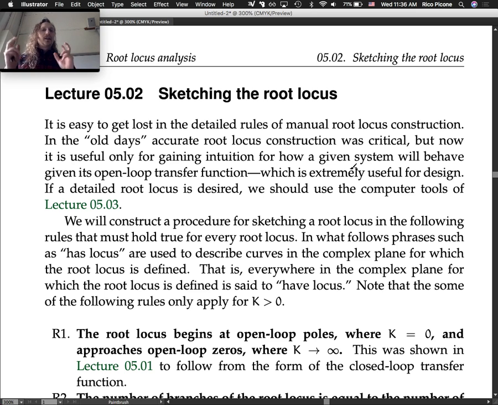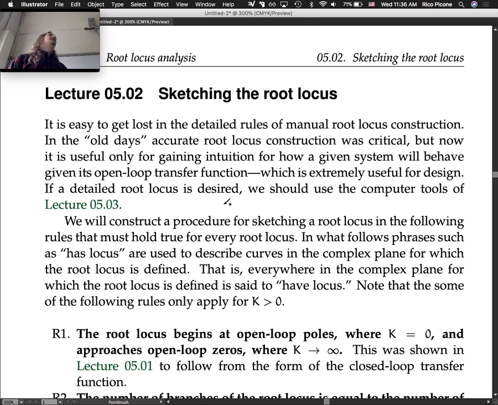In the old days, I'm already talking like that, accurate root locus construction was critical. This is before my time. But now it is useful only for gaining intuition for how a given system will behave given its open loop transfer function, which is extremely useful for design.